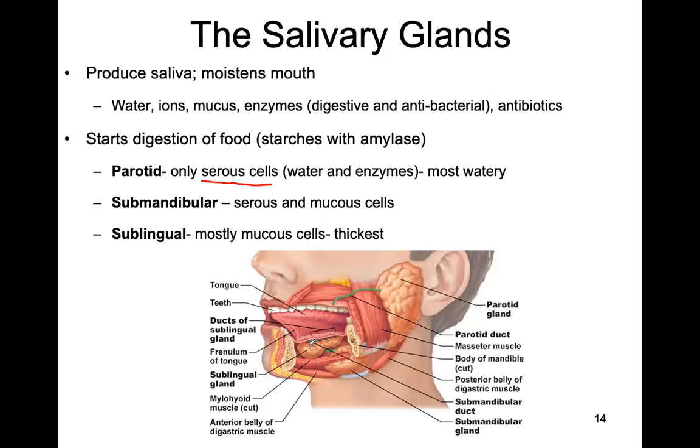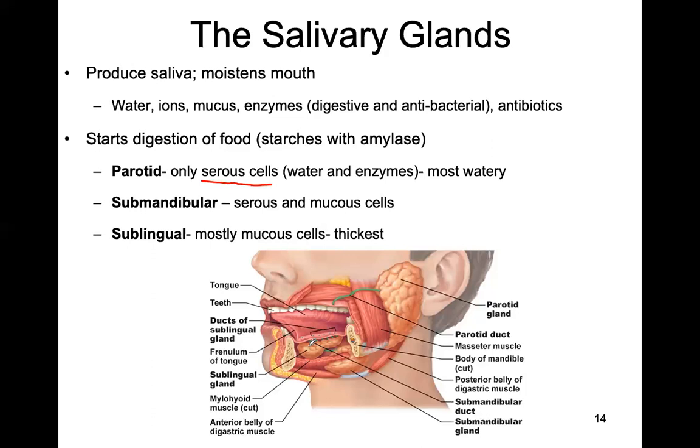It contains enzymes that help with both digestion and releasing antibacterial components. And these are going to basically help your digestive system create the first line of defense against possible infective agents that enter through your mouth. So by releasing the saliva, you can protect yourself against some of the infective agents that enter.